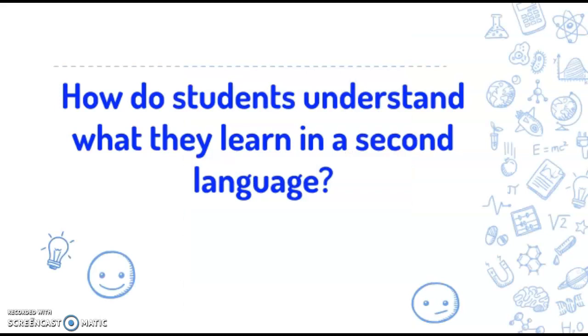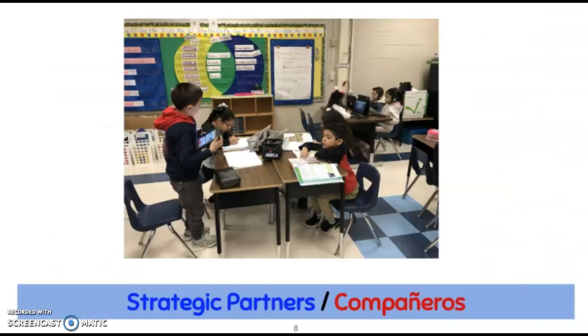How do students understand what they learn in a second language? Teachers use different strategies to help students learn the languages. Strategic partners. Teachers use strategic partners where students rely on each other to learn the content being taught. In this picture, we see students who are working with their partners.